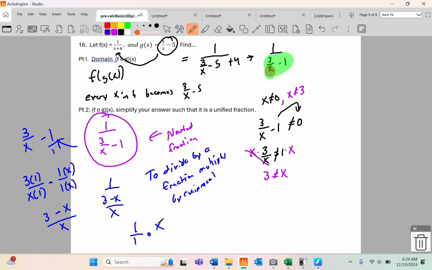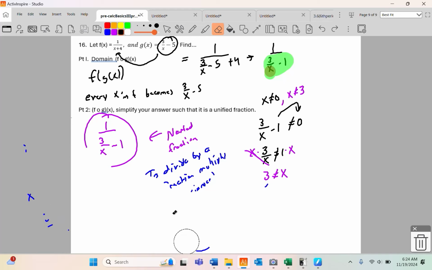I'm going to multiply it by x over 3 minus x. I flipped this guy. It's the one that gets flipped. Then I get x over 3 minus x. And this is the correct one. And this is also when the fact that x can't be 3 shows up. I like to do it ahead of time because, I don't know, I'm just weird like that. All right, so now that was the longest way of doing this.